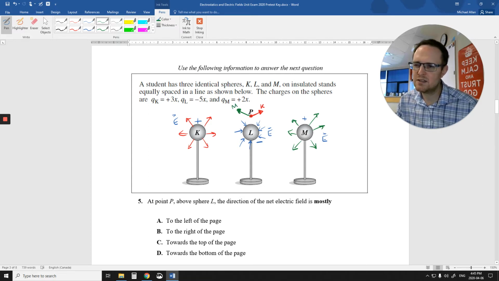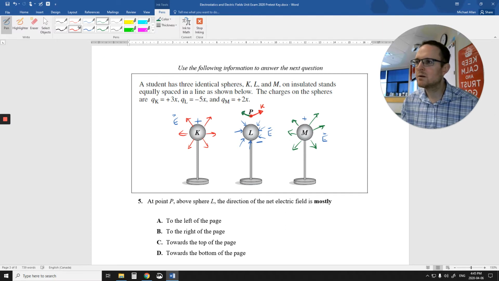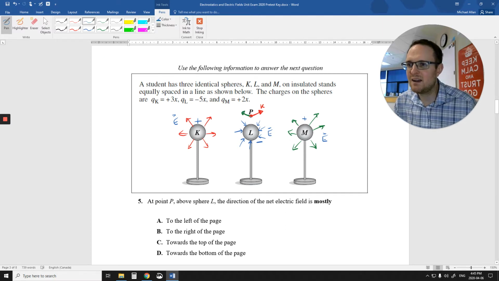So these two, if you look at them, there's a certain distance here. They're about the same distance. The charge is slightly off, so maybe the M one is going to be slightly smaller, about 2/3 of the size right about there. Now, that doesn't really matter because L is significantly closer, a lot closer.